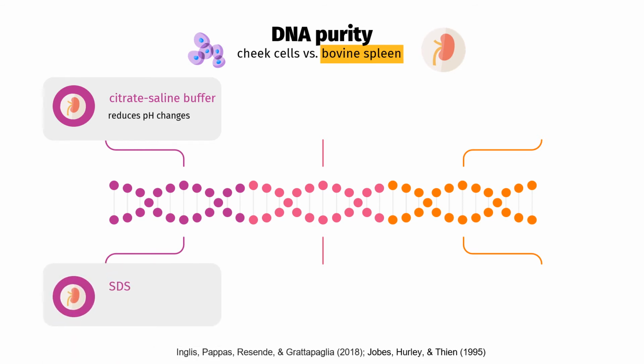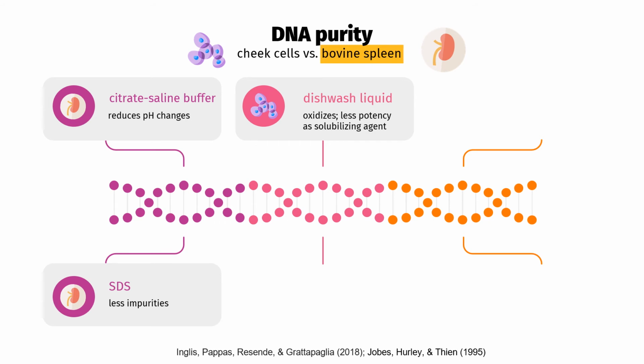Second, in terms of the solubilizing agents used for cell lysis, usual commercial-grade dishwashing liquid contains more trace impurities such as peroxide salts and carbonyl compounds from manufacture compared to the laboratory-grade sodium dodecyl sulfate. Third, dishwashing liquids, a type of non-ionic detergent, also tend to oxidize upon exposure to air or UV light, which results in their loss of potency as solubilizing agents.